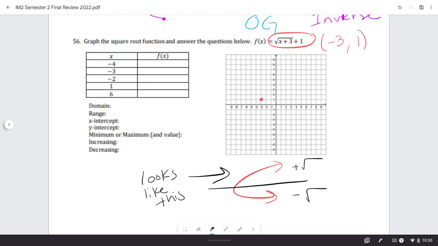Because it's a positive on the outside of the square root. Okay, so at -4, I'm not going to have a point. So I can just do a little dash. I don't have a point at -4 since it starts at -3. At -3, I have a 1. At -2, I'm going to go ahead and plug that in.